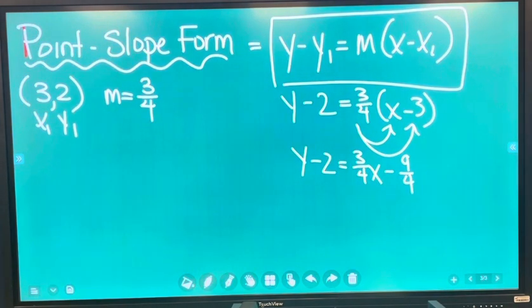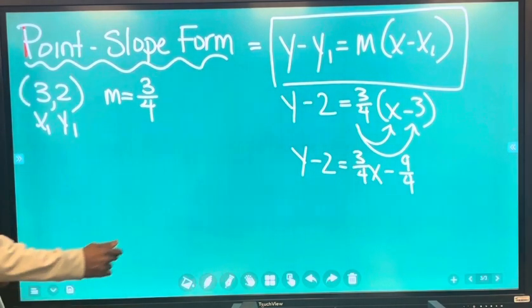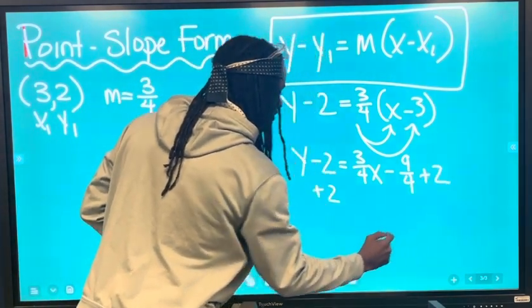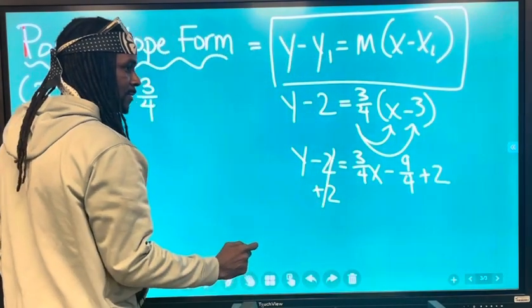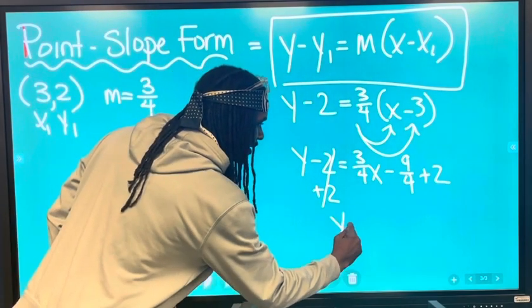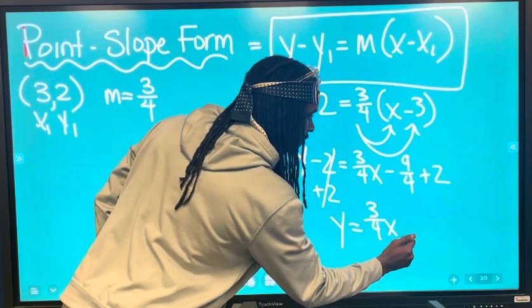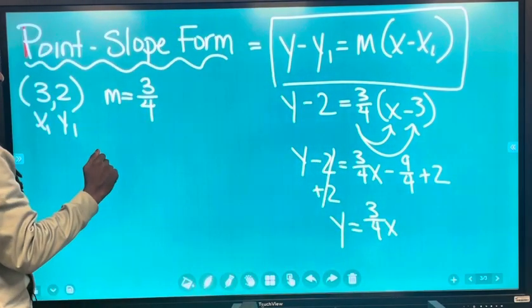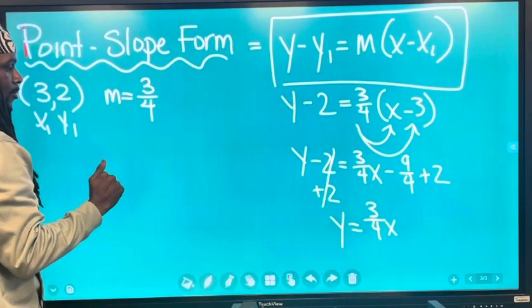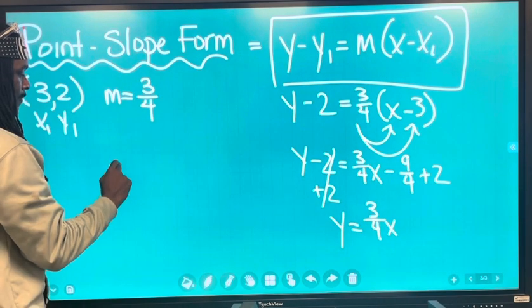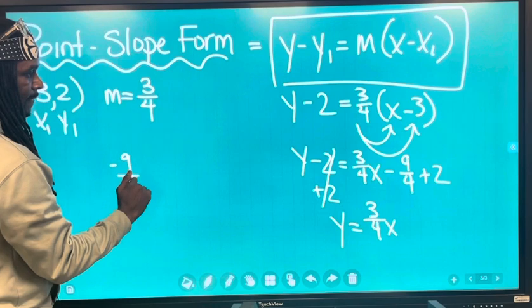If you look at this, it's getting close to the form that Deja was just talking about. We're getting close to slope-intercept form. From here, you add 2 on both sides. The 2's cancel. You have y equals 3/4x, and then we have to do 2 minus 9/4. You can turn that into 9/4.